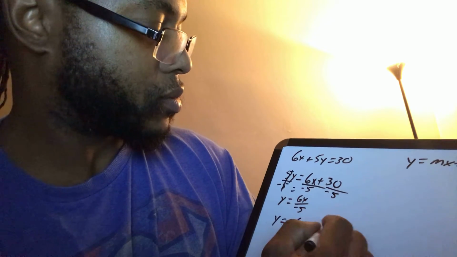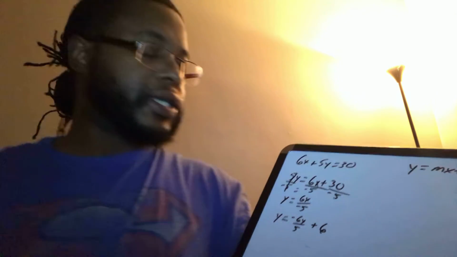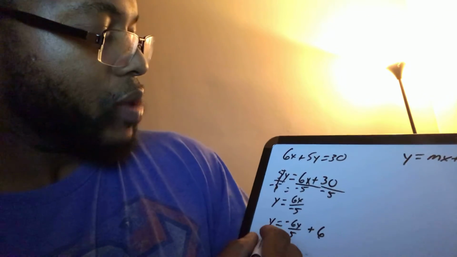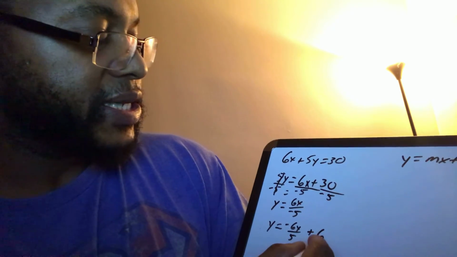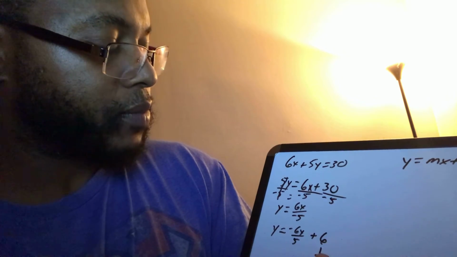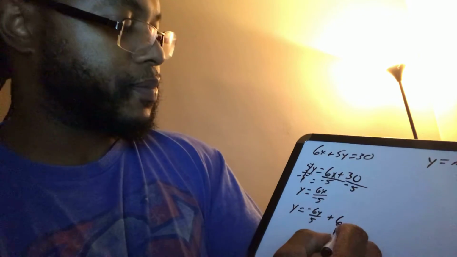All right. So in this case, this is now in slope-intercept form. Negative 6x over 5 is the slope, and 6 being the y in this problem, the y-intercept.